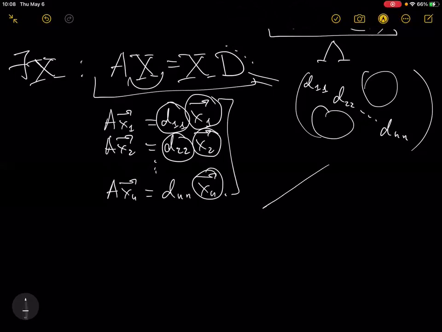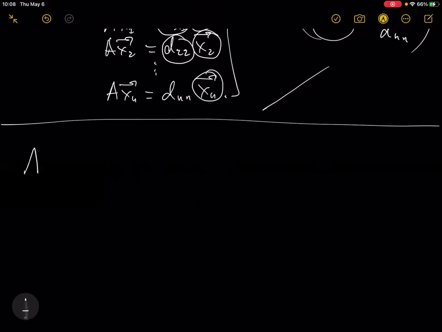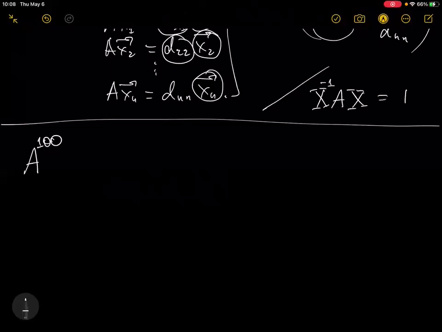Okay, that's it. Now I just want to tell you why it's useful to find the diagonalization of the matrix. First of all, let me suppose that I want to compute A to the 100th power, right? By the way, you see, this is diagonalization, right? We got D. From the other point of view, let us multiply by X from the left and by X inverse from the right.